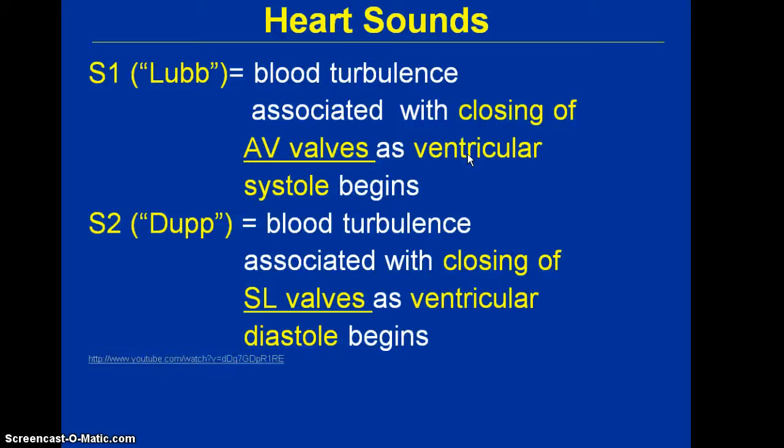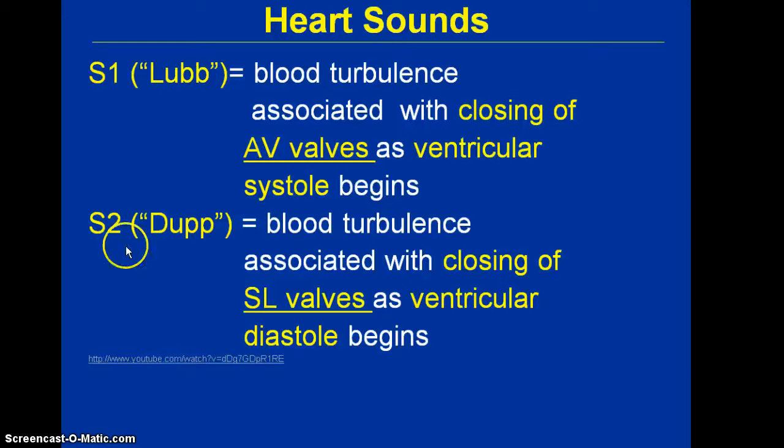As the ventricles start to contract, blood will move into the arteries, and as the ventricles then relax, the semilunar valves will close. That's happening during ventricular diastole, when there's not a whole lot of pressure in the ventricles to prevent the backflow of blood. The semilunar valves, the aortic semilunar valve and the pulmonary semilunar valve, will close.